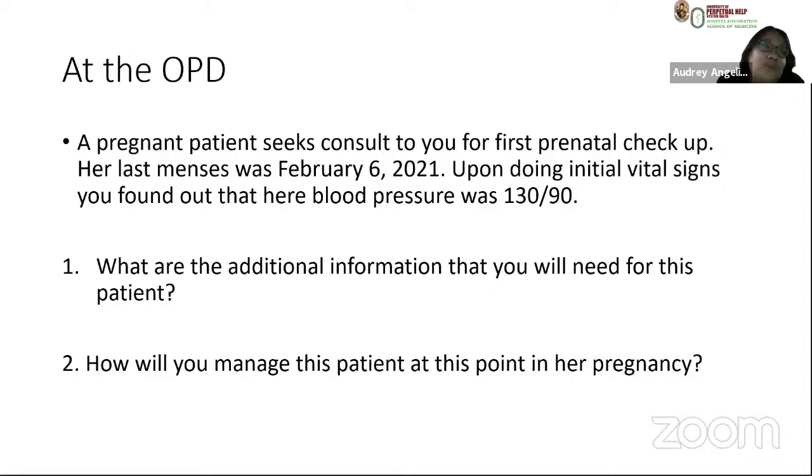Okay, of course, you look at the hemoglobin, hematocrit. What else will you look at in your CBC? What else is important? Platelet count. Okay, you particularly look at your platelet count. Okay, what else? What other labs would you request for to establish preeclampsia or to establish a baseline?